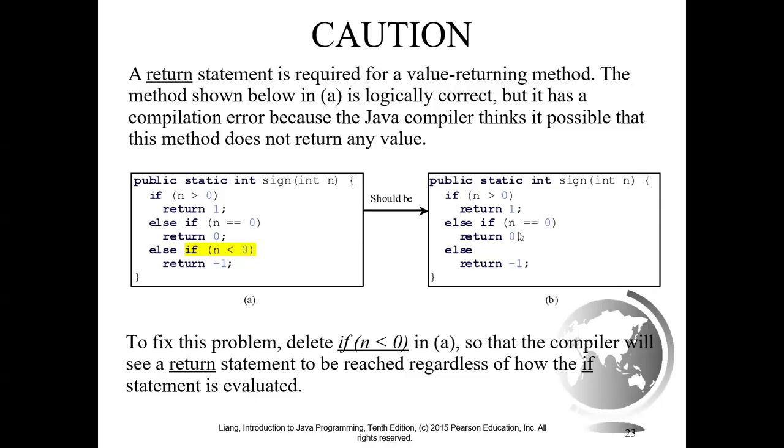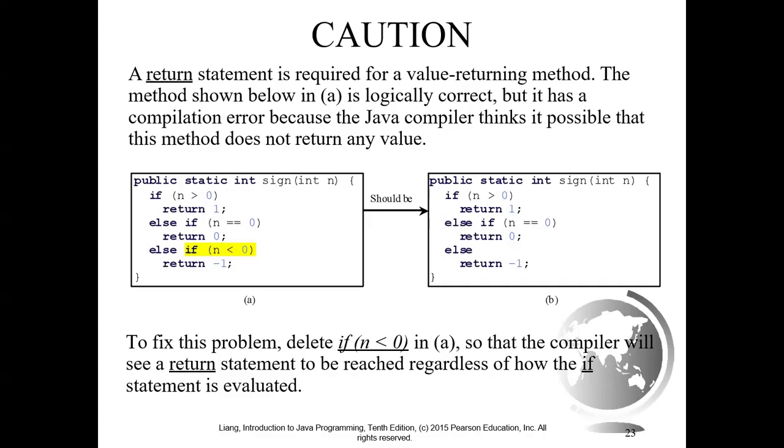And it should be written the way of the B block. That means we have to delete the n < 0 in A, so that the compiler will see a return statement to be reached, regardless of how the if statement is evaluated.